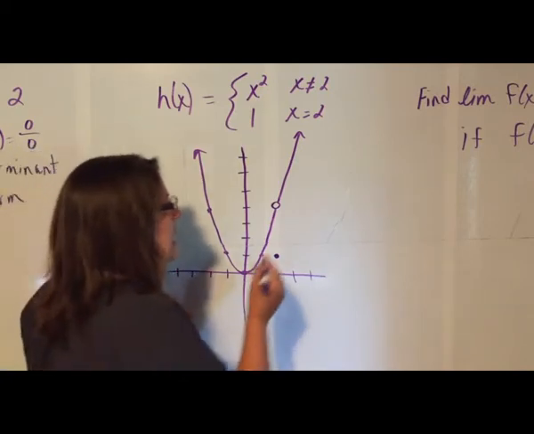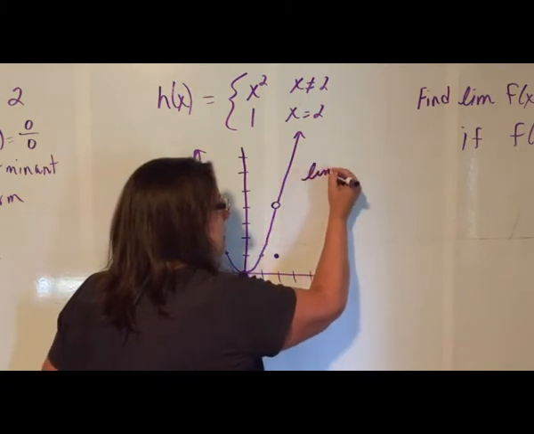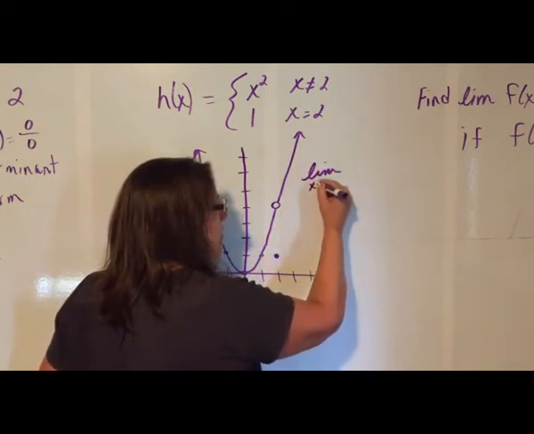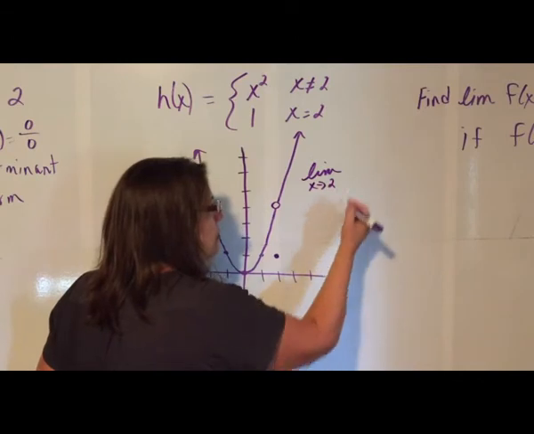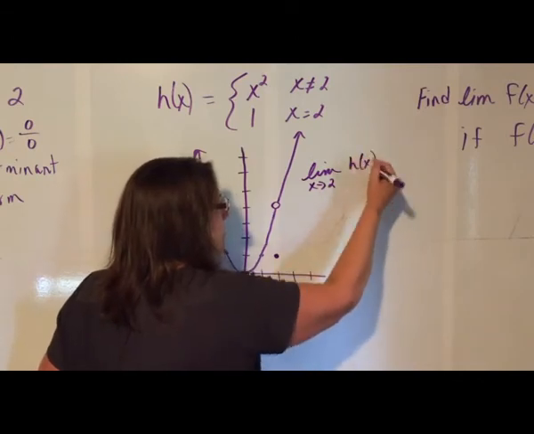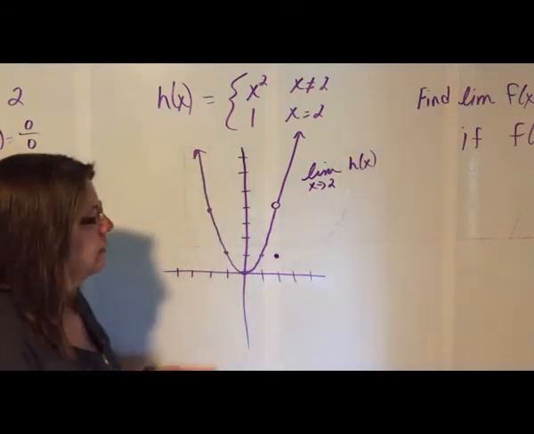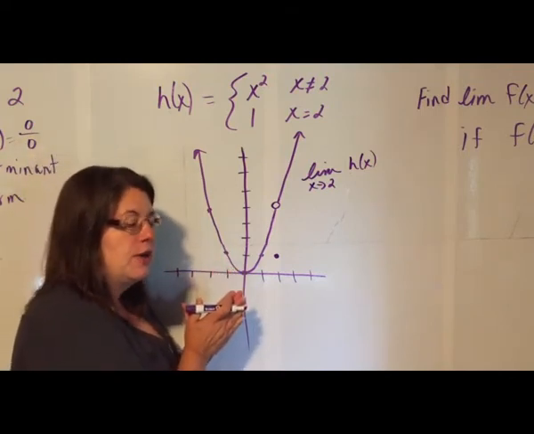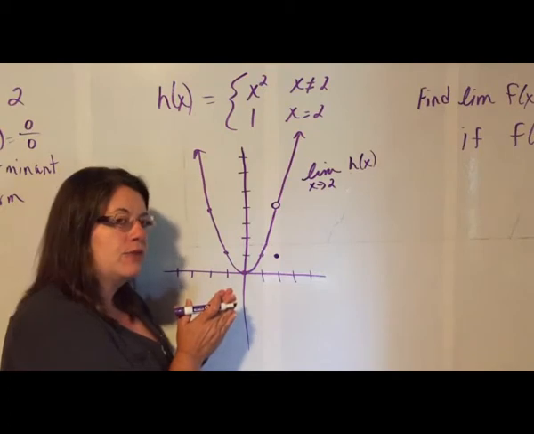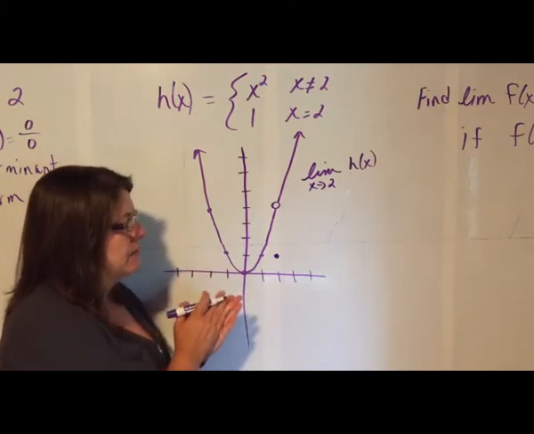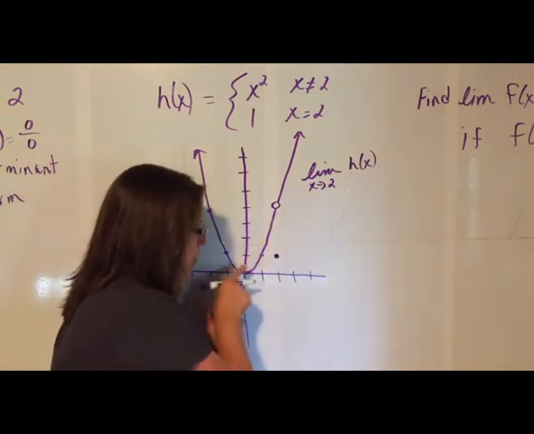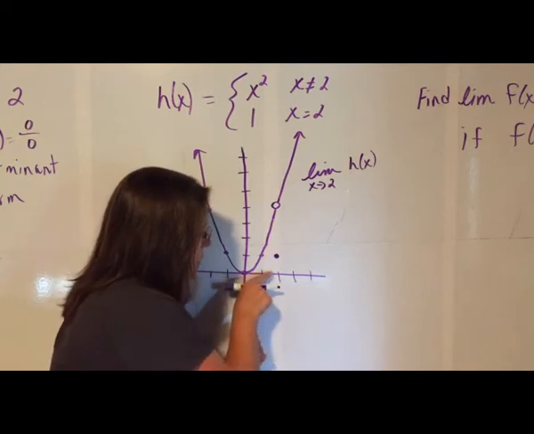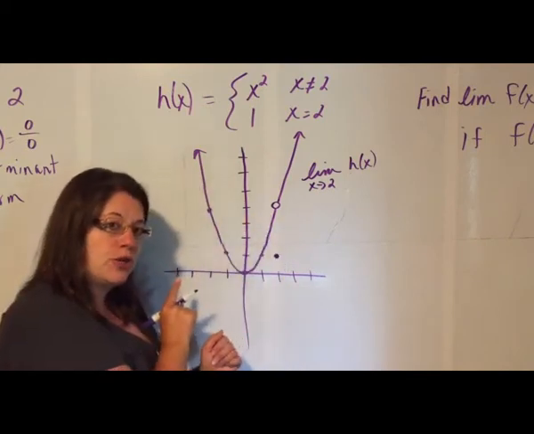They might say, find the limit as x approaches 2 for h of x. Well, that's asking us to approach the x value of 2 from the right and the left on the function that they gave us. So if I approach 2 from the left, they want to know, what is this function approaching?